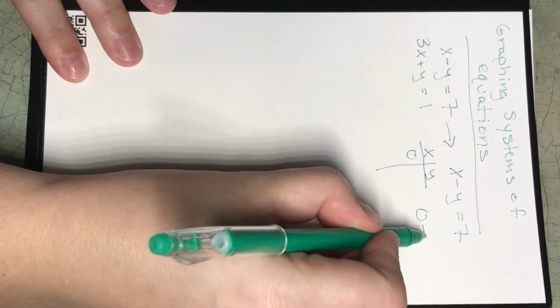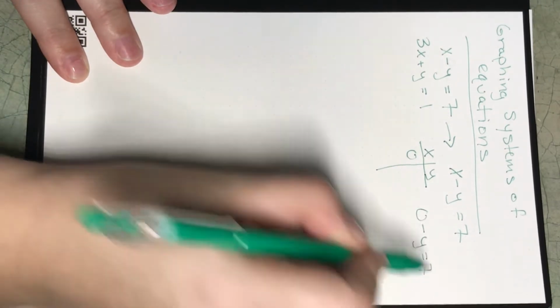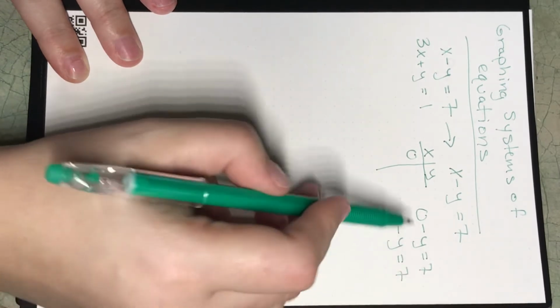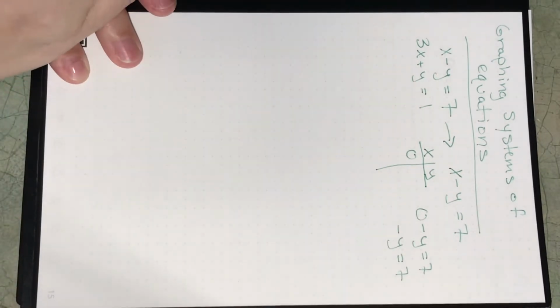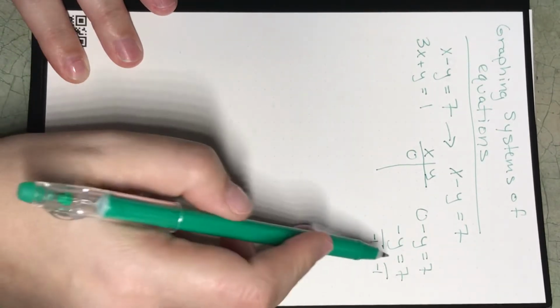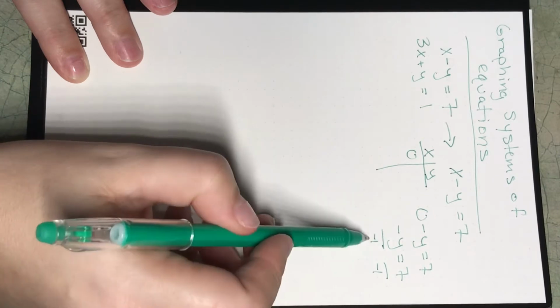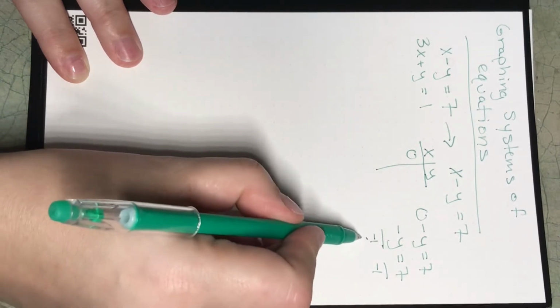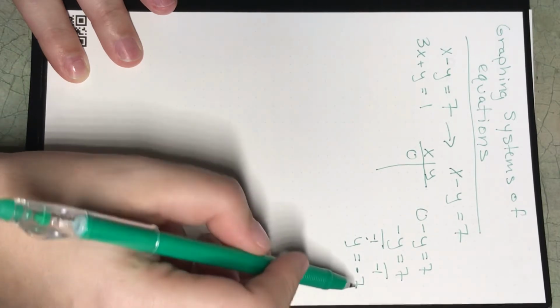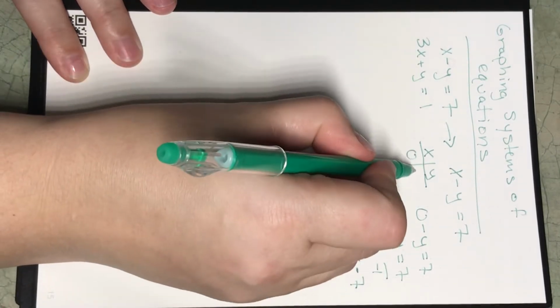So 0 minus y equals 7. So negative y equals 7, right? Because 0 minus y is just negative y. And then I'm going to divide by negative 1, because a negative divided by a negative is a positive. So this becomes positive y, and this becomes negative 7. So when x is 0, y is negative 7.